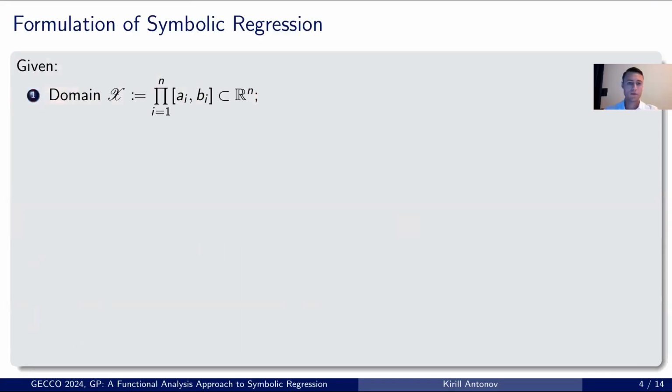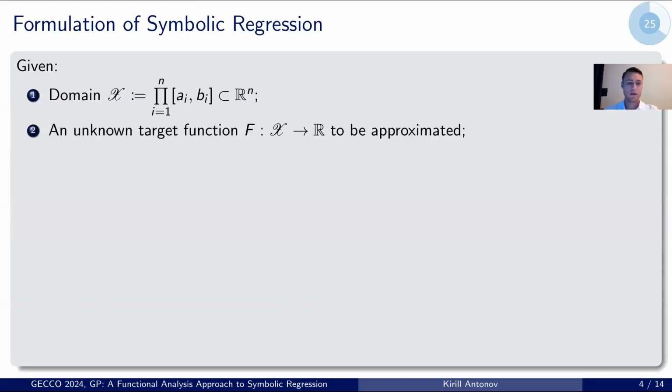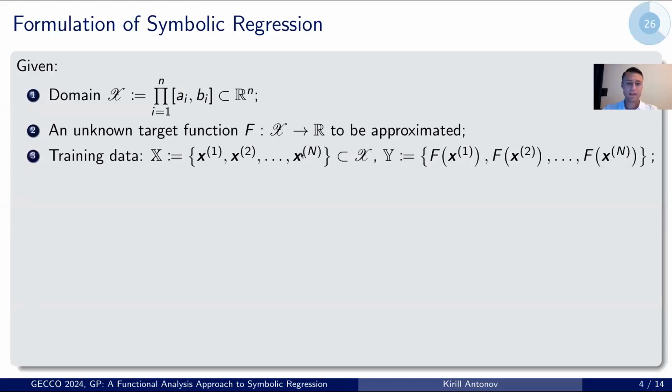Now we give the strict formulation of the original symbolic regression problem. Consider the given domain in n-dimensional Euclidean space, an unknown function that we aim to approximate, and the training data that consists of n points.